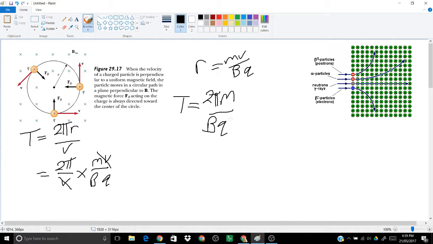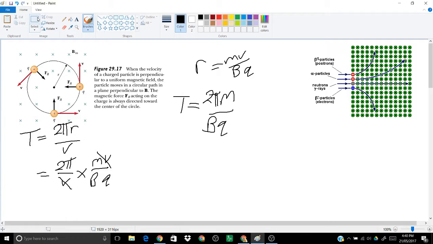There we go. So yeah, the period, notice that it's based on the property of the mass, magnetic field, charge, but the faster it goes, the larger the radius, but that doesn't actually affect the time it takes to complete a cycle. That becomes important when it comes to the cyclotron.